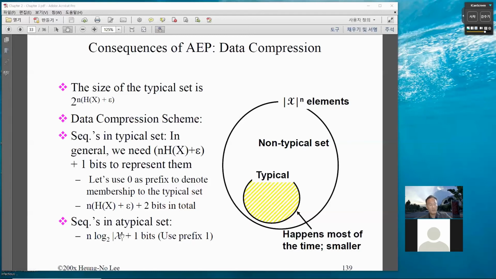Because this one is very large, the size of the alphabet taken to the power of n, right? So if n is 100 and this is binary, then you need 100 plus 1 bit for the prefix. So you don't get any compression at all. But in this case, you get lots of compression, okay, because this one is much smaller than this one.